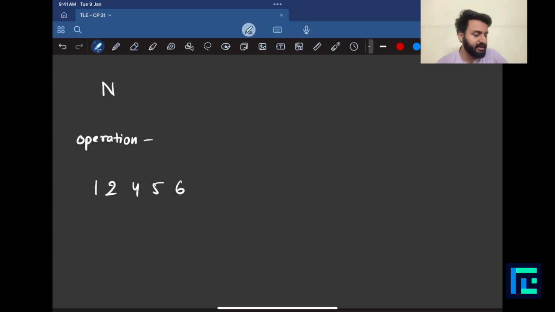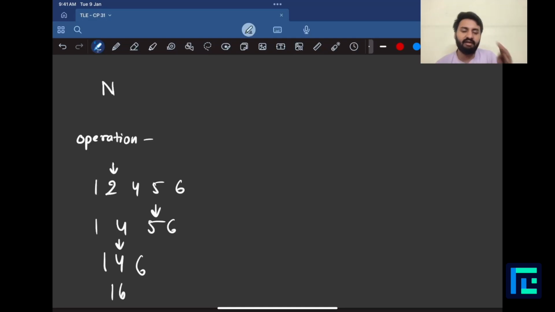I'll say, okay, maybe I'll choose 2, and I can remove this digit completely from this number. So now the number will transform to 1, 4, 5 and 6. Next time I say I'll remove 5, so it becomes 1, 4, 6. Then I'll remove 4, it becomes 1, 6. And so on, so on, so on. Whenever I want to do it, however I want to do it, I can. I have the power to actually do this operation.